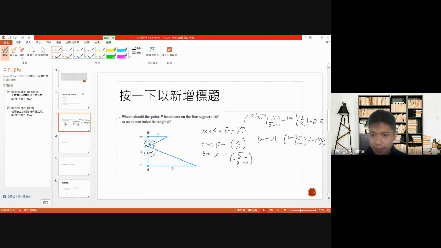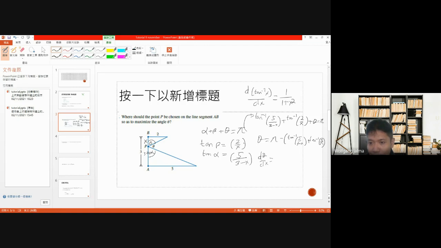Okay, so we differentiate, d theta over dx equals to, and everybody knows that the derivative of tangent inverse x is 1 over 1 plus x squared, right? This is the formula, 1 over 1 plus x squared.